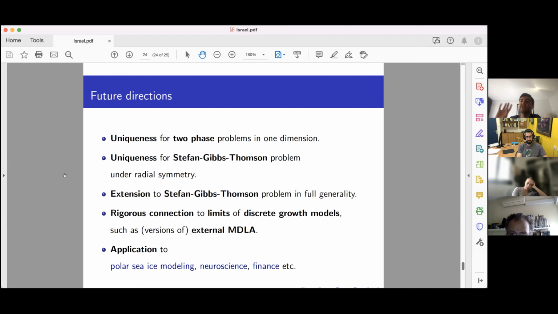So that's the big problem that we're working towards. And all of these have also interesting applications, for example, in terms of modeling ice in the polar sea, which is part of climate change models. There are lots of interesting applications of all of this.